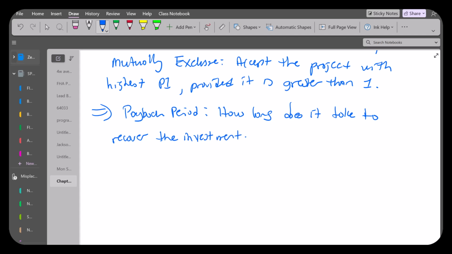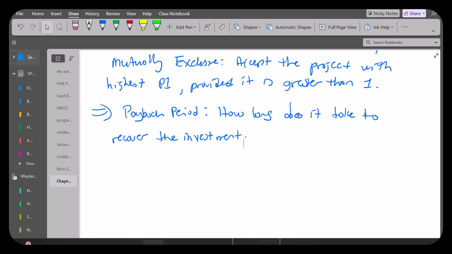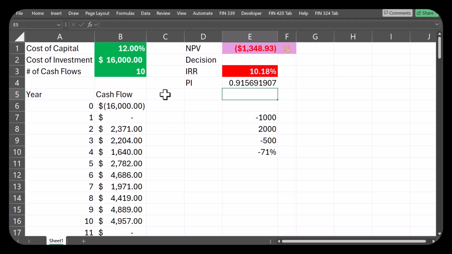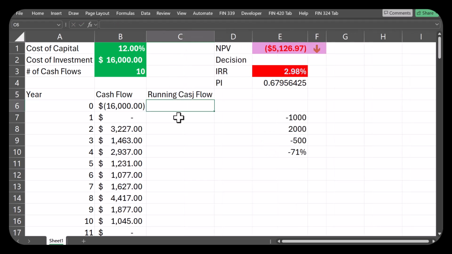And we're going to build that very quickly. First, I'm going to do something called a running cash flow. That's the first one.